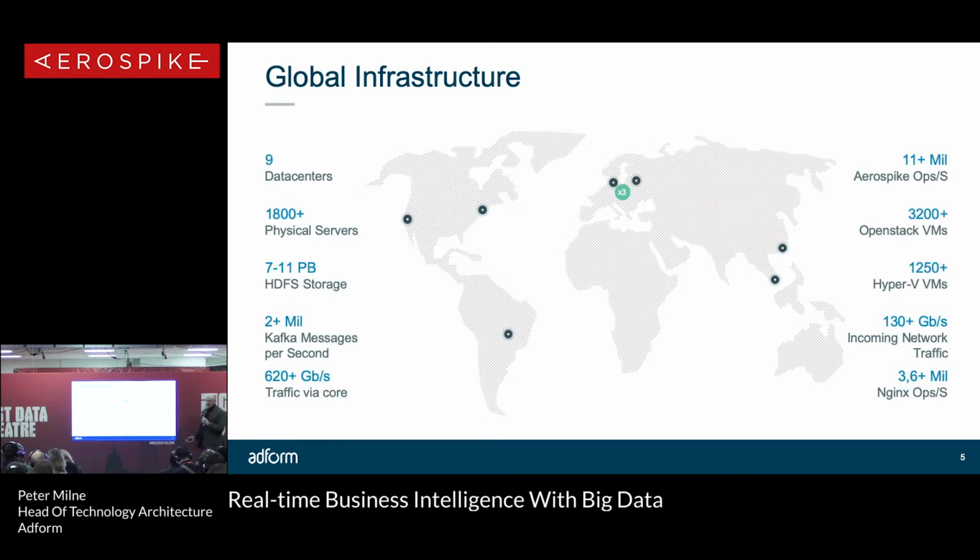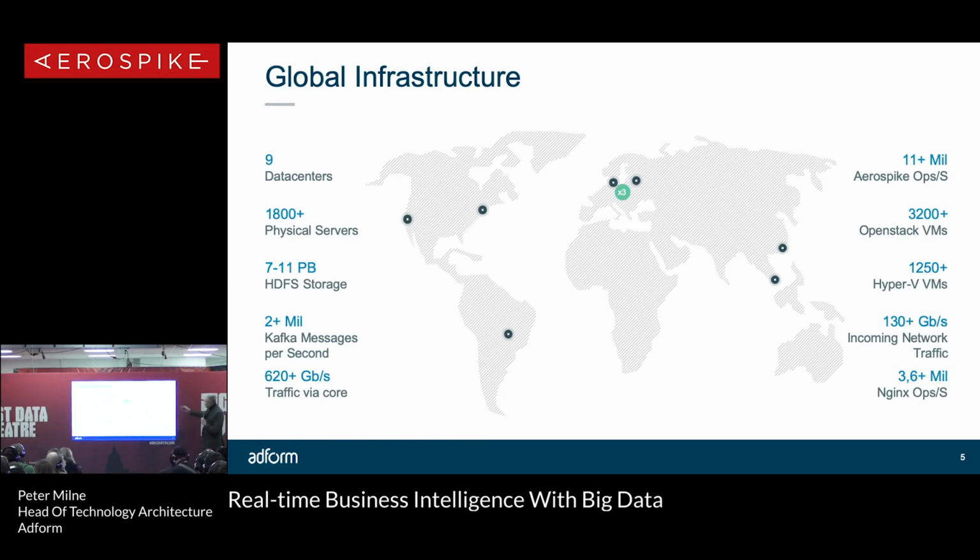As a global infrastructure, as a medium-sized ad tech company, we have 9 data centers all over the world. For obvious latency reasons, we have gazillions of real machines, physical servers. We've got petabytes of HDFS storage.